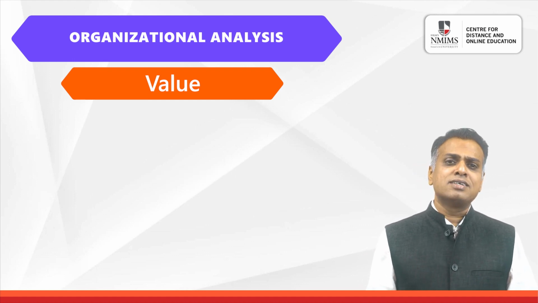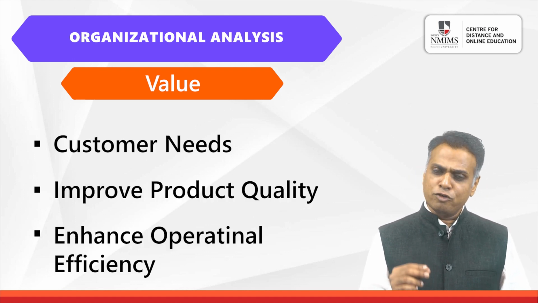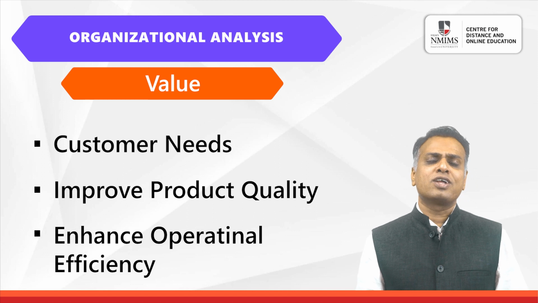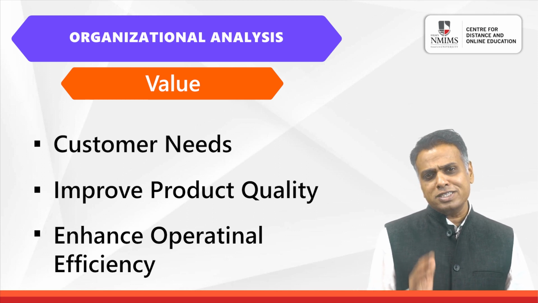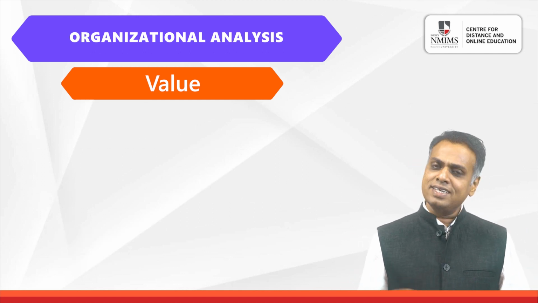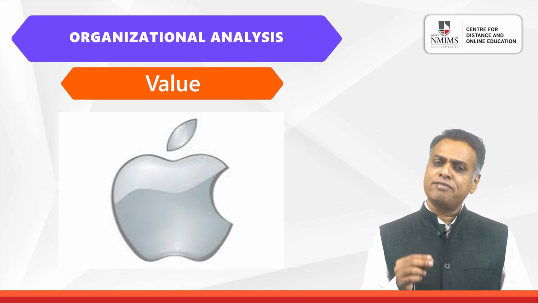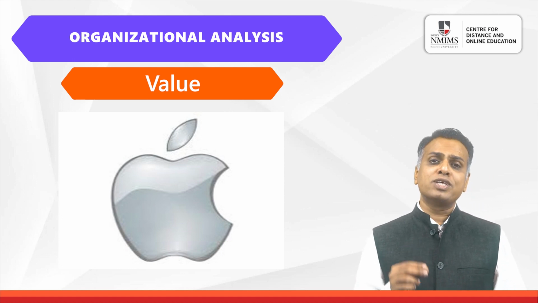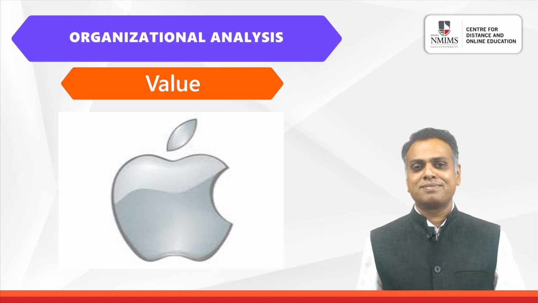In other words, they should help you meet your customer needs, improve product quality, or enhance operational efficiency. This is important. You must utilize this for your business purposes. Consider Apple's design and user interface, which have consistently added value to their products and attracted a loyal customer base.